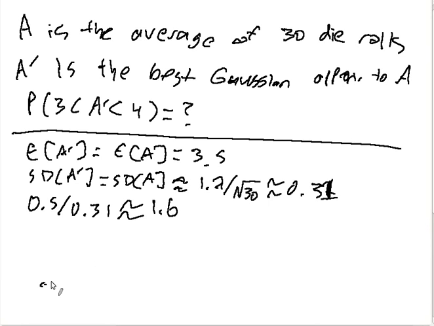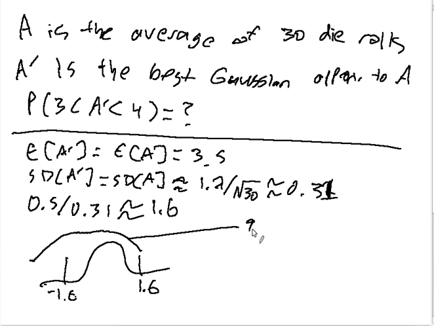So let's say here's 1.6 standard deviations above the mean, 1.6 standard deviations below the mean. 94.5% of the time, it falls below 1.6 standard deviations above the mean. That means the remaining 5.5% of the time, it falls above 1.6 standard deviations above the mean.